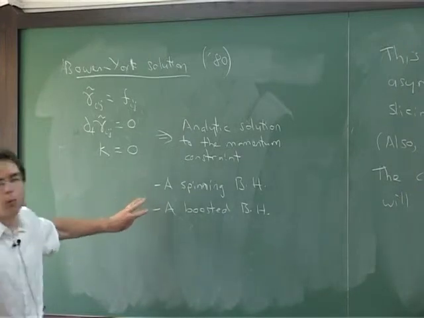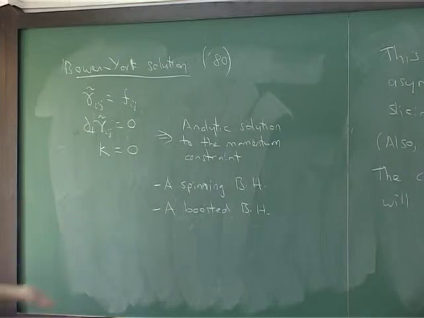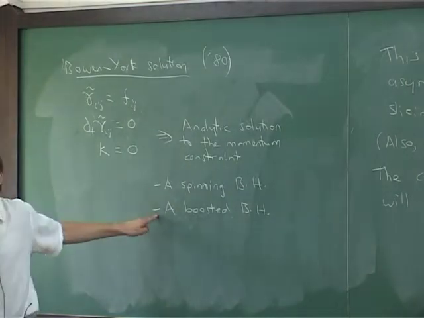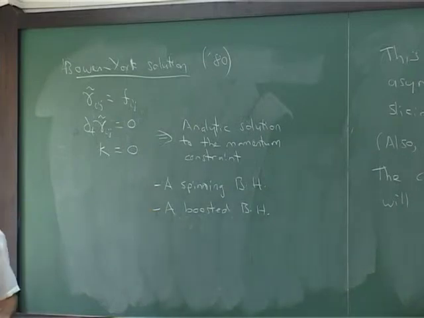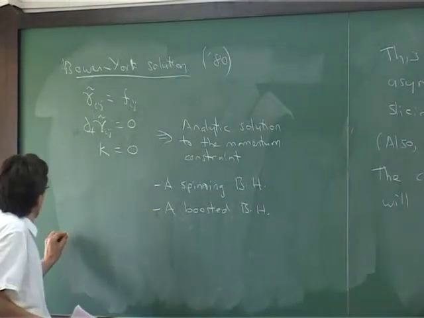So you can just solve the momentum constraint on its own, and since it's linear, you can add solutions. So you can also make a spinning boosted black hole if you want, because you just add the spinning parts and the boosted parts together, right?